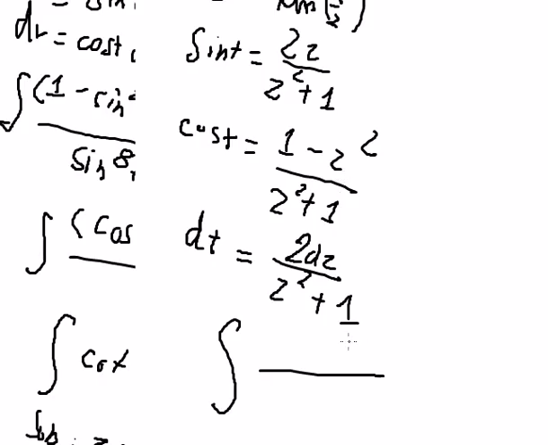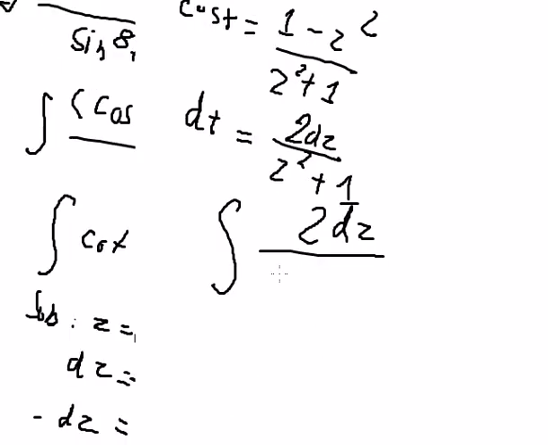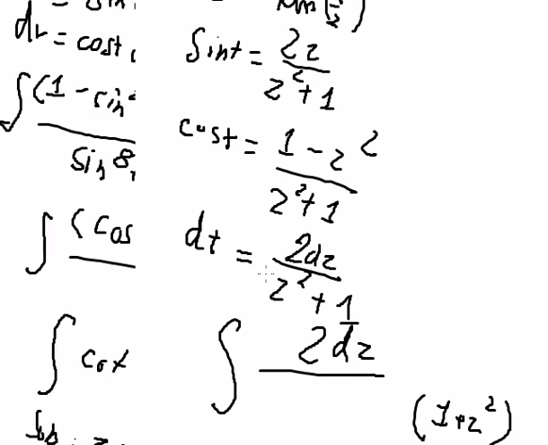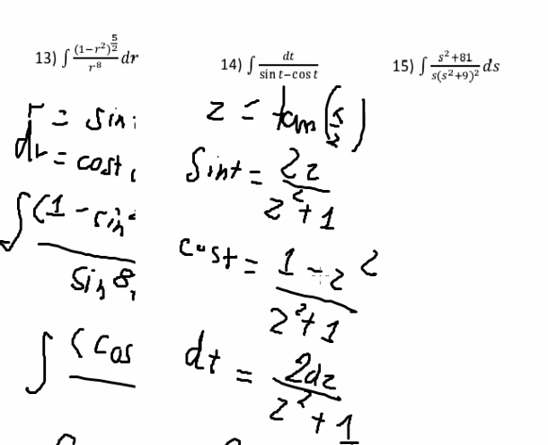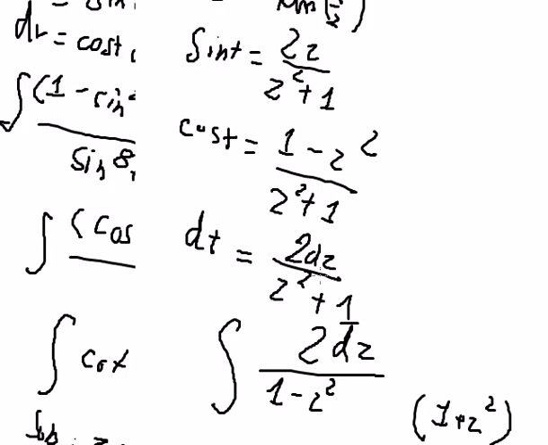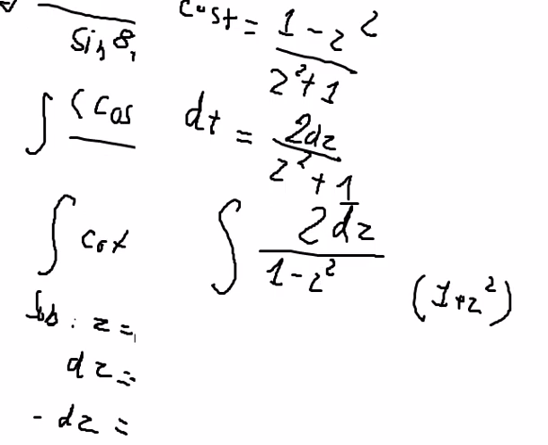So you got dt is 2 dz, and we have 1 plus z square in here. This one you got 1 minus z square. Oh, sorry.